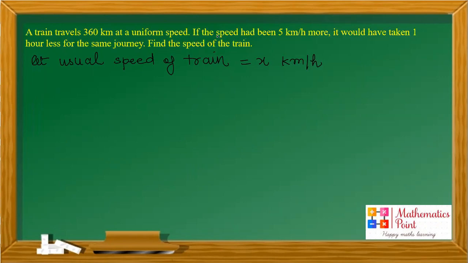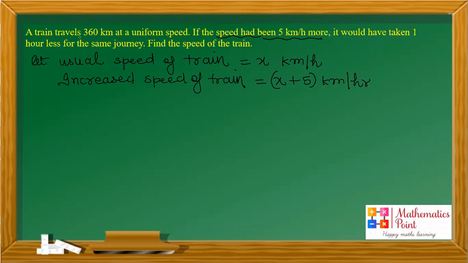Now he said that the speed had been increased by 5 kilometer per hour. So now we will find the increased speed of train. That will be equal to x plus 5 kilometer per hour.